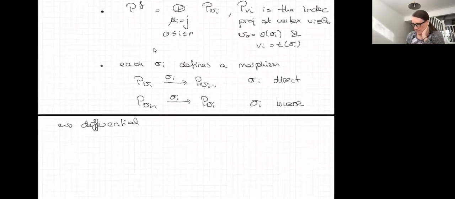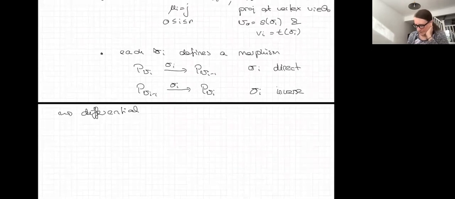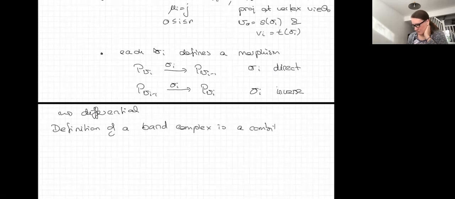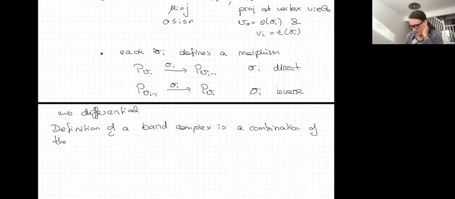Similarly, we define a complex from a homotopy string. So the definition of a band complex is a combination of the above and the definition of band modules.